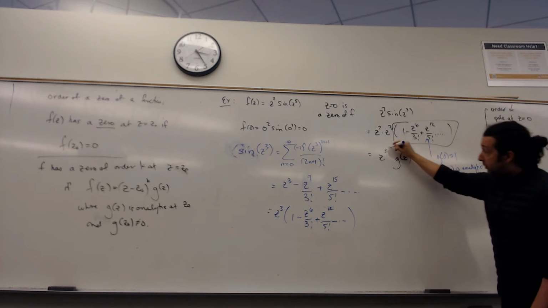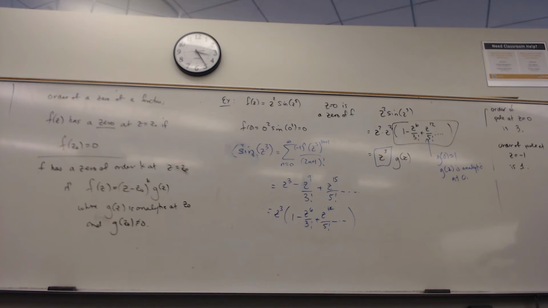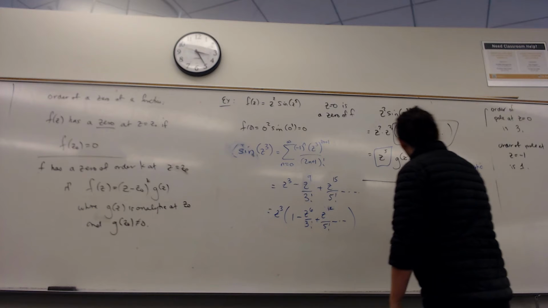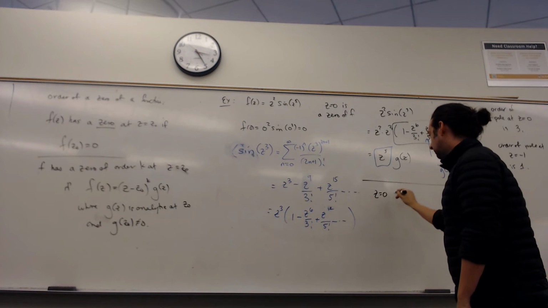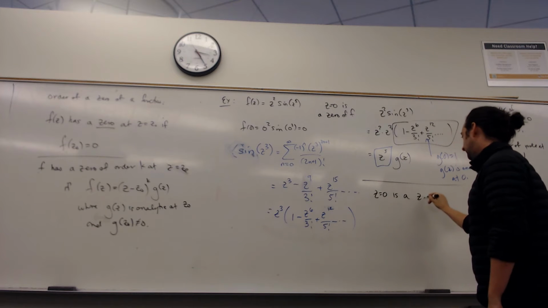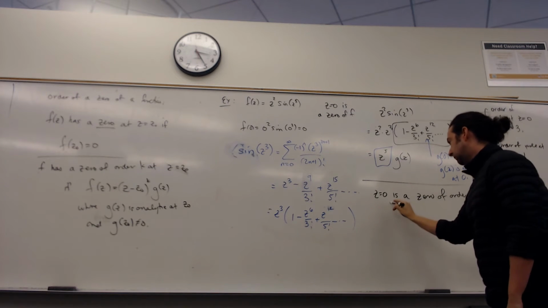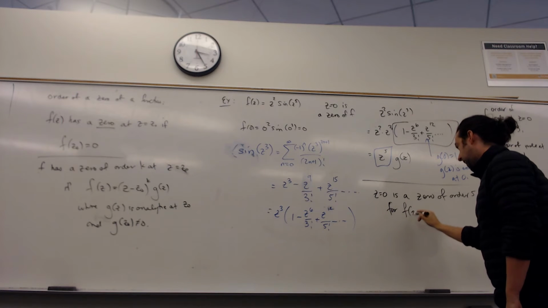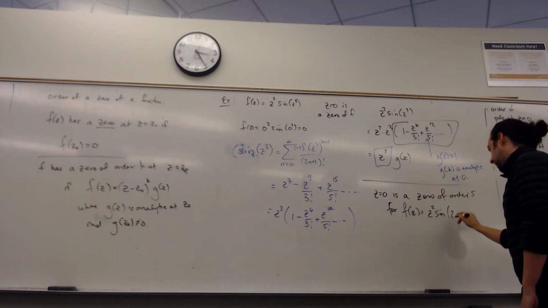The fact that I could pull these 5 copies of z out means that I've got a 5th order 0 at 0. Sorry about saying 0 so many times. So z is equal to 0 is a 0 of order 5 for f of z is equal to z squared sine z to the 3rd.